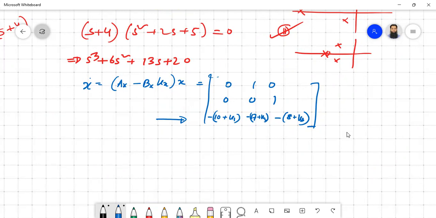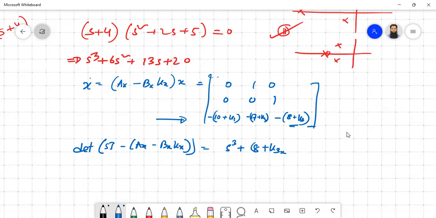So the characteristic equation, obtained from the determinant of sI minus Ax minus B Kx, we can write without solving: s cube plus the coefficient 8 plus K3x, s square plus 17 plus K2x, s, plus 10 plus K1x. Okay, so this is equal to 0.